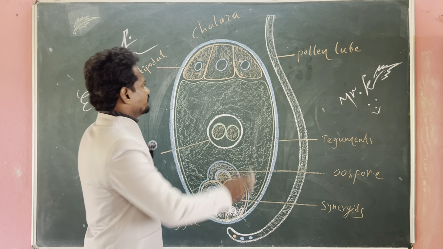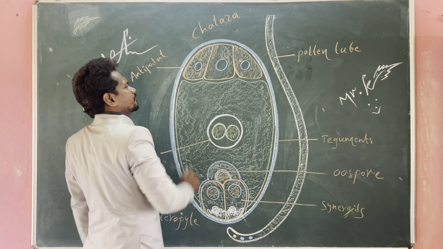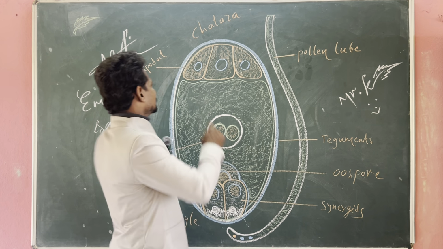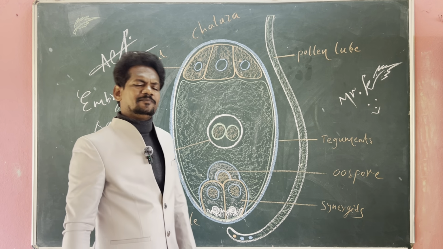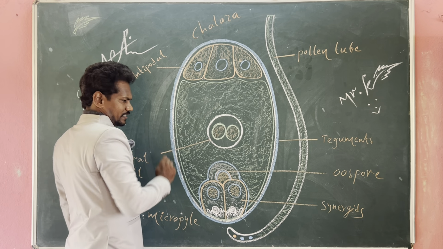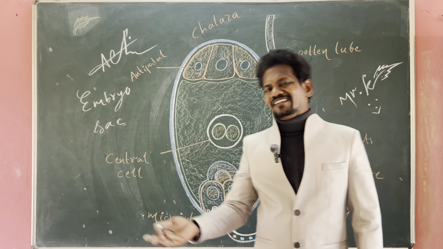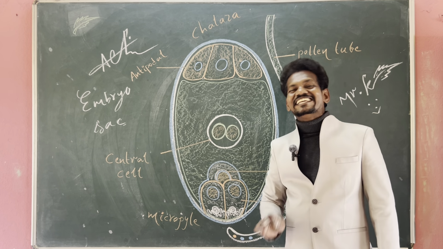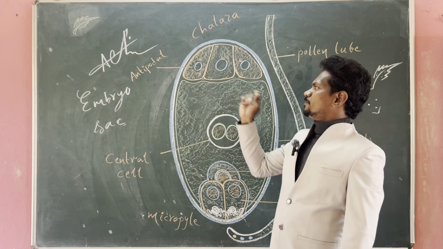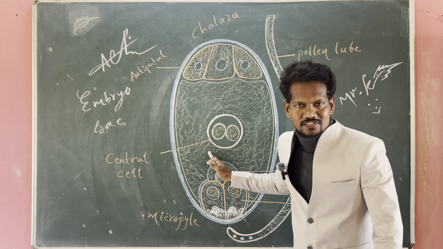Then coming to antipodals. Towards the chalazal end, three cells grouped together form antipodals, or antipodal cells. These antipodal cells may be degenerated before or after fertilization, because antipodals are also known as vegetative cells of the embryo sac.